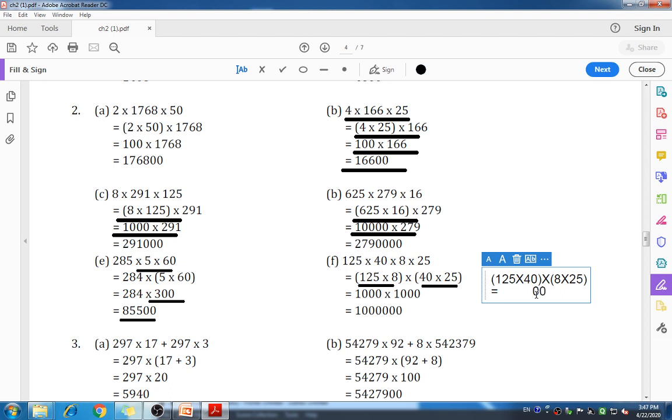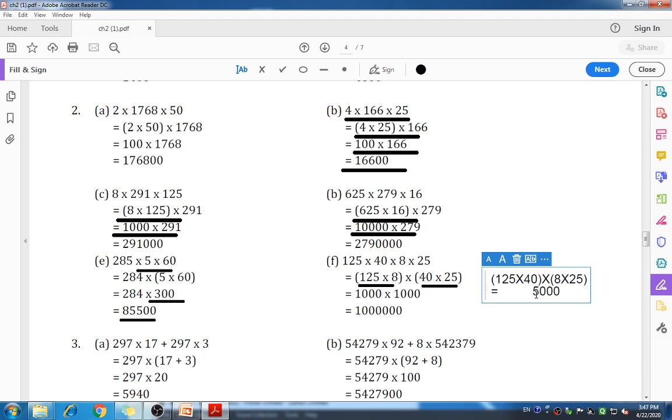It will carry 2. So 4 2s are 8 and 2 becomes 10. So I will write 0 and carry 1. Again 4 1s are 4, plus the 1 which we carried, so 4 plus 1 is 5.